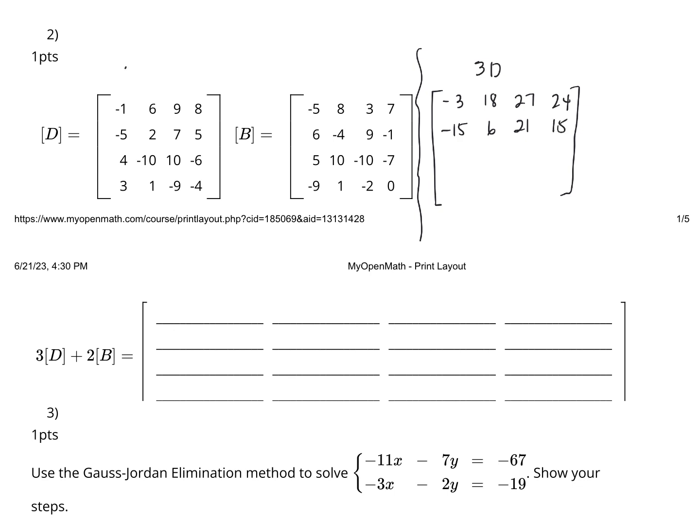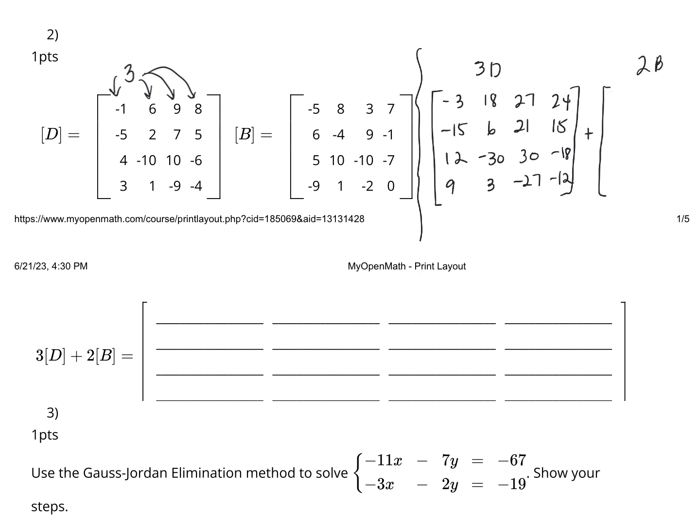So again, I'm just multiplying each of the elements in this matrix by 3. 12, negative 30, 30, negative 18, and then 9, 3, negative 27, negative 12. Okay, that's 3D, plus they want us to add that to 2B.